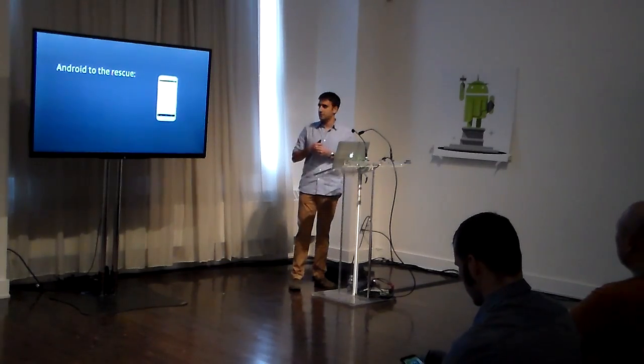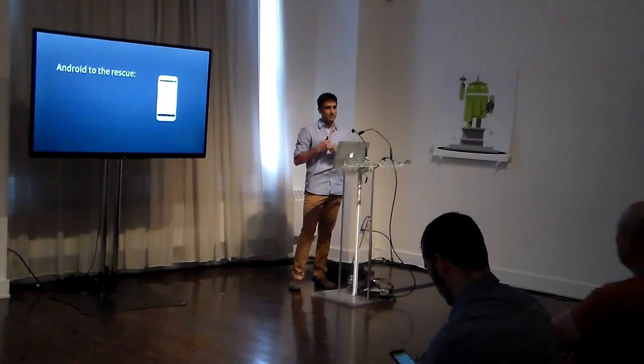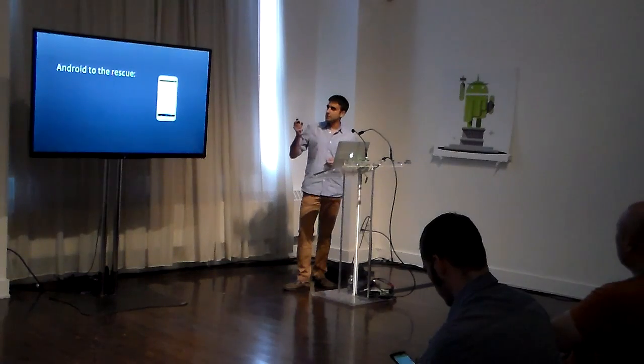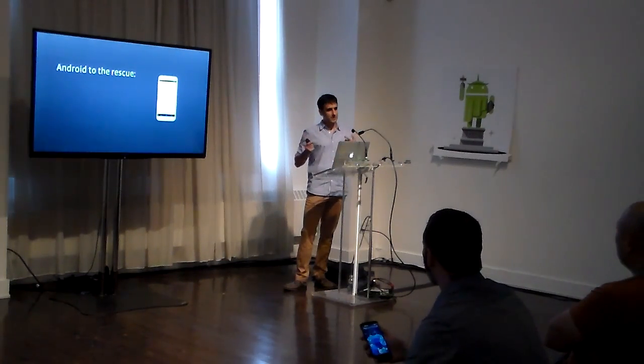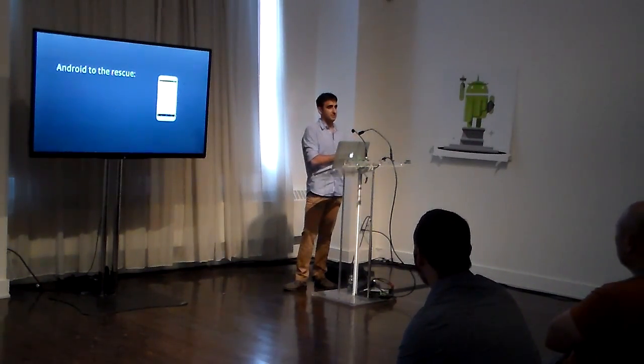So Android is really here to help us. Our main problem with making that fast would be that we do not want to inflate views while the user is scrolling. Inflating views is basically going to take all of our 17 milliseconds really easily.